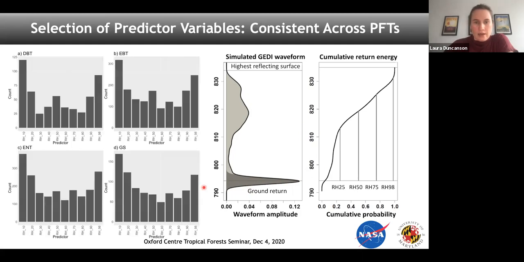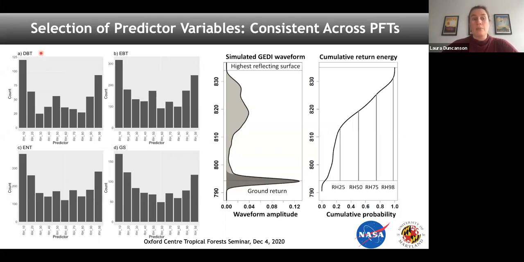All right, so what we're seeing for variable selection, when we fit those thousands of models per strata, is that pretty consistently, if we allow any variables to be selected, variables describing the bottom of the waveform and variables describing the top of the waveform are selected. I think this is really interesting.